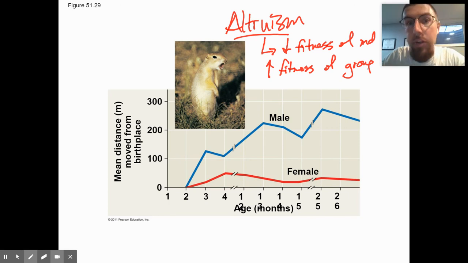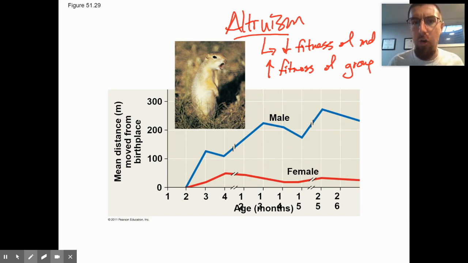Belding ground squirrels exhibit this kind of behavior as predators come by. Ground squirrels will stand up on their hind legs and call out a warning call that alerts everybody in the colony, hey, there's a predator nearby, and then they will scurry into the colony underground and hide.